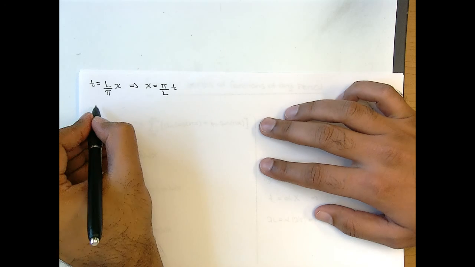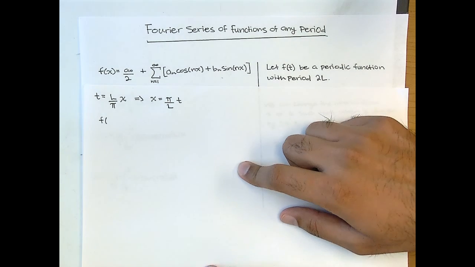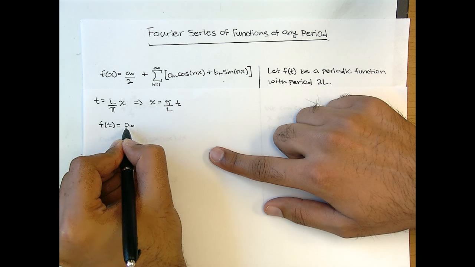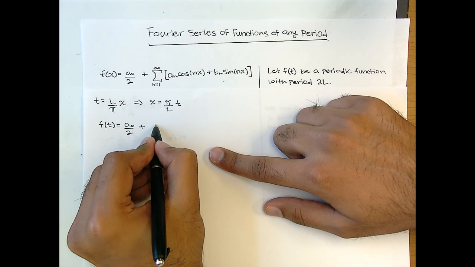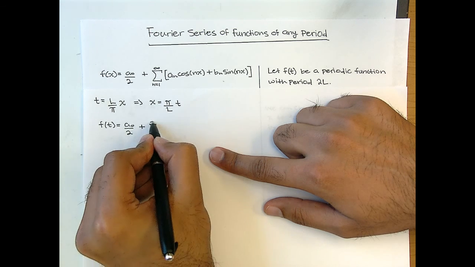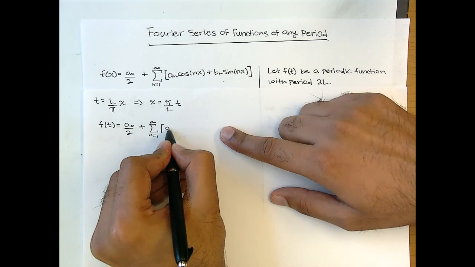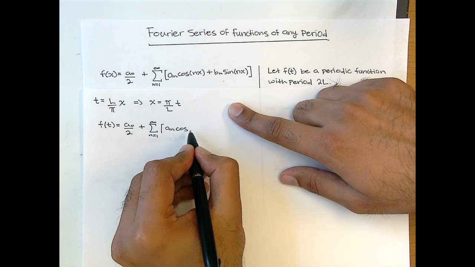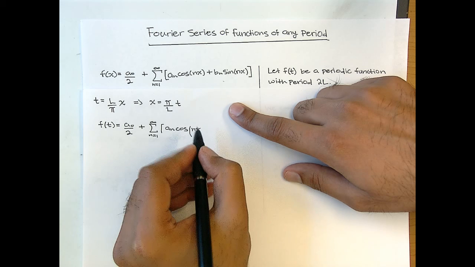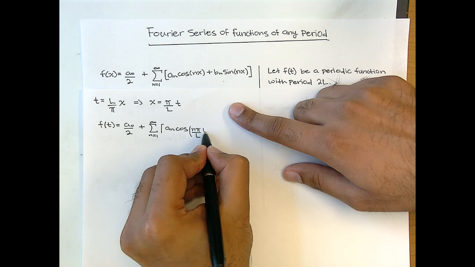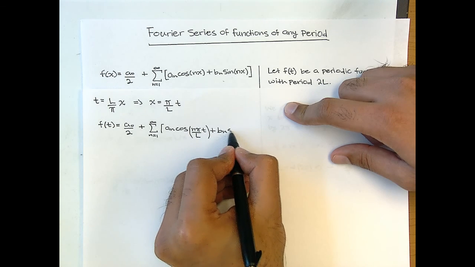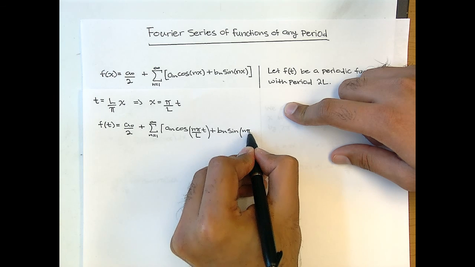Okay, so my Fourier series now becomes f of t, which is equal to a0 divided by 2 plus the summation from n equals 1 to infinity of a sub n cosine of nx, but x is now pi over L t, so this is going to be n pi over L t, plus b sub n sine of n pi over L t.